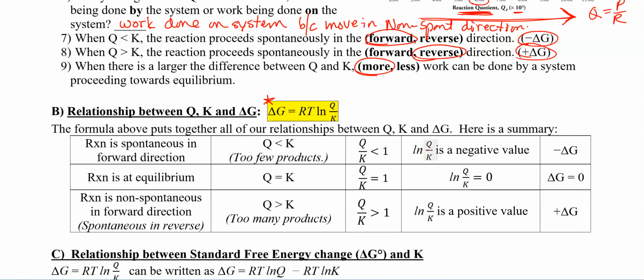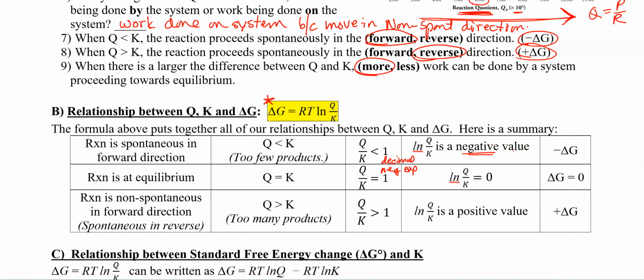So that's going to happen when Q is less than K, Q over K is less than 1, right? So you have like a decimal here. And so you're going to have a negative exponent, right? When you have Q over K is less than 1. So when you take the ln of Q over K in this situation, when you take the ln of a decimal, you're going to get a negative value because the exponent is negative.